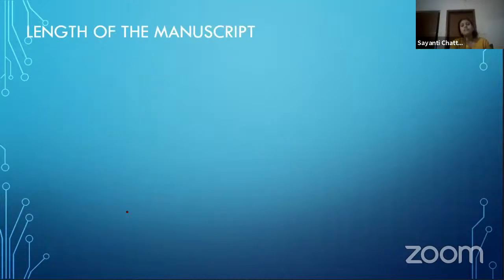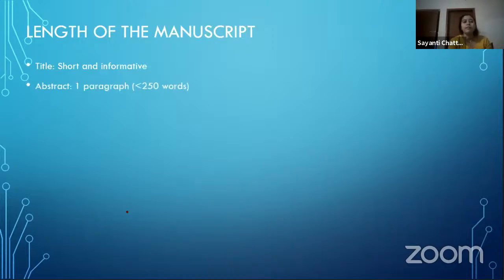And what next question? What will be the length of a manuscript? I told for the rapid communication, it should not be more than 3. Here we will only think about our original research paper. So first one is title. It should be short and informative. Next one is the abstract. Abstract must be less than 250 words, though it varies from journal to journal.